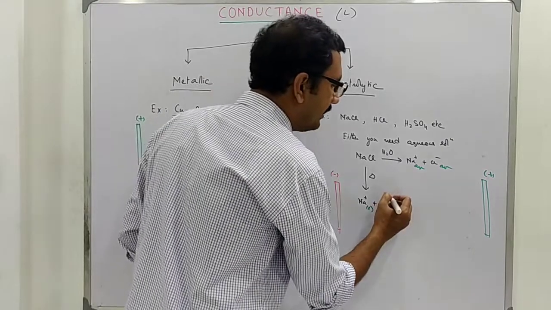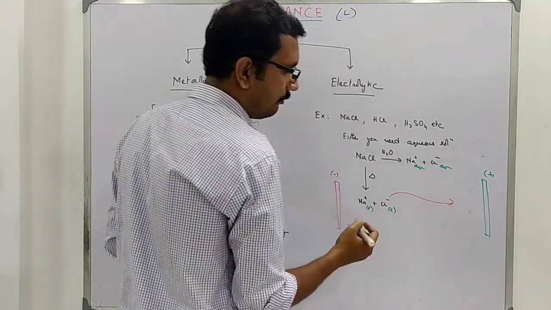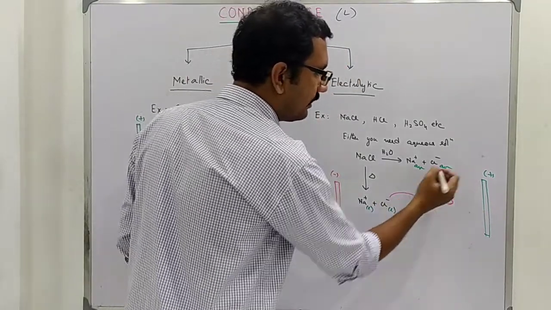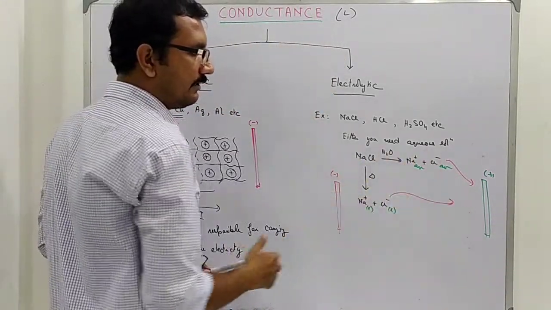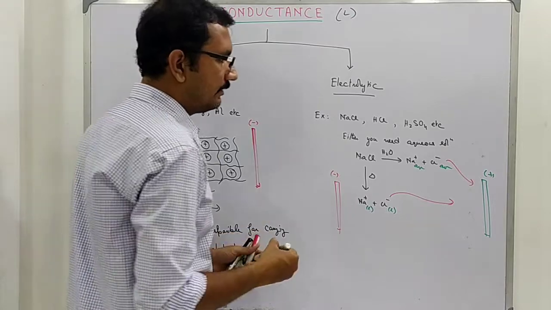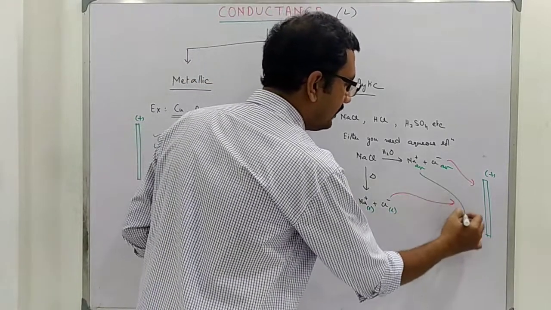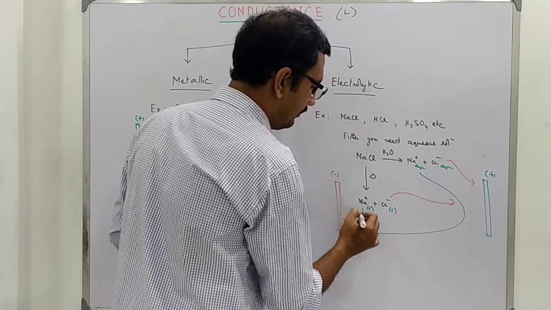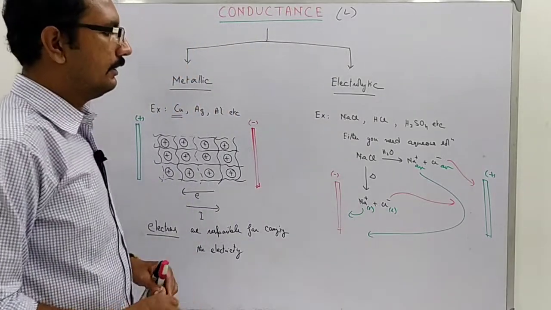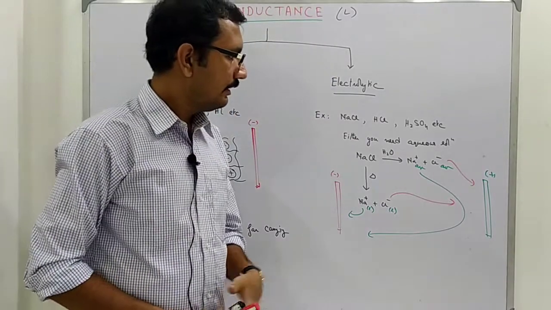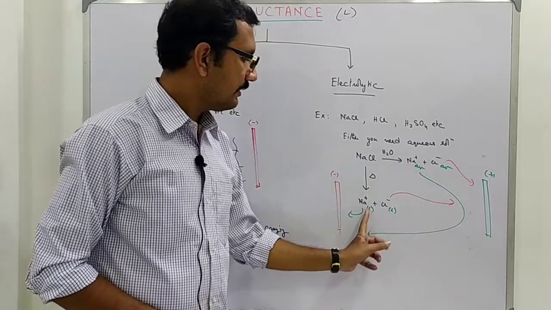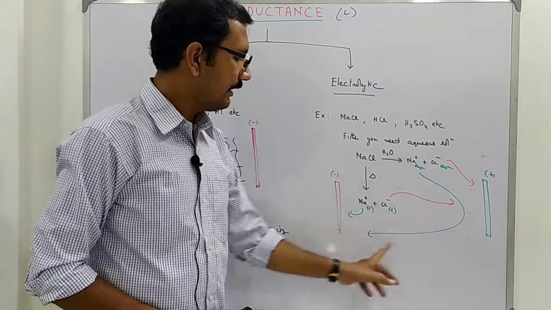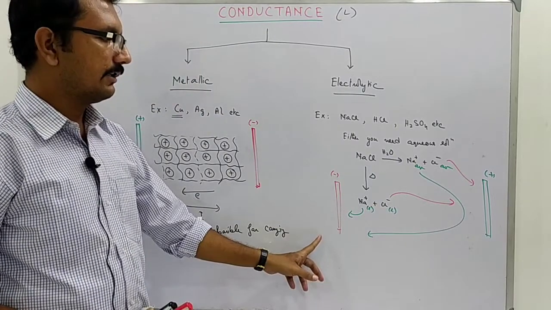This Cl minus shows a movement towards the positively charged electrode, that is, anions are getting attracted to the positively charged electrode, and these positively charged ions, that is cations, are attracted to the negatively charged electrode.